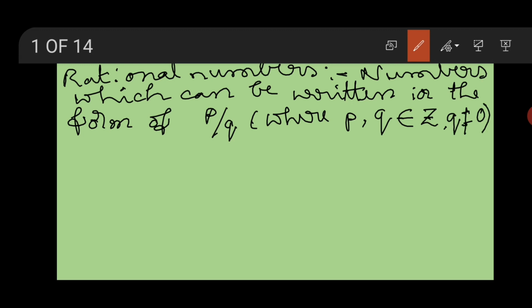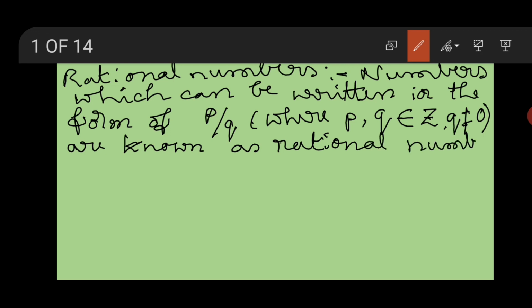Q value should not equal to 0. Q not equal to 0 are known as rational numbers. Right? These rational numbers are denoted by the letter capital Q.